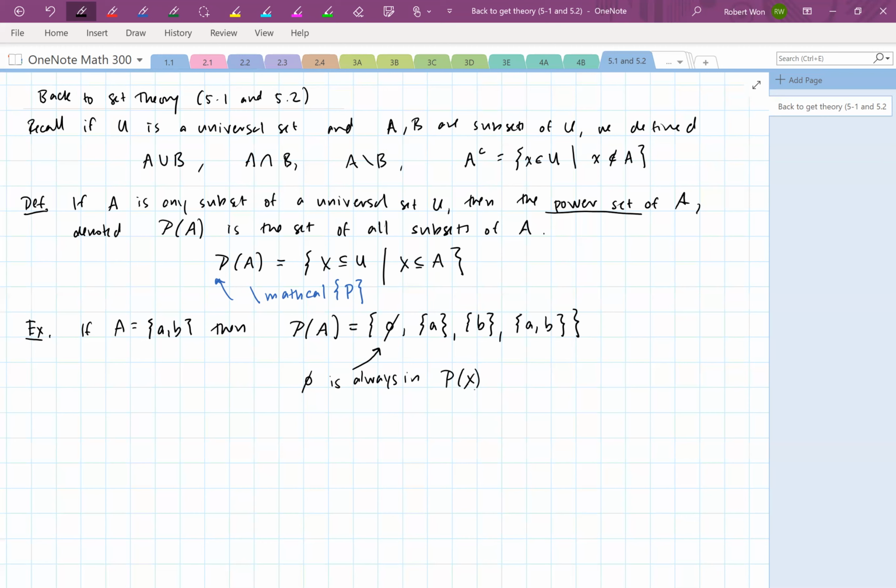Let's say the power set of X. And also the set itself is always a subset. So X is always in it, no matter what set X is. So the power set always at least contains two elements, unless X is itself the empty set, I guess. But the power set always contains the empty set and the whole set itself. Right, so you could say the empty set and A are elements of the power set of A, and that will be true for every set A.